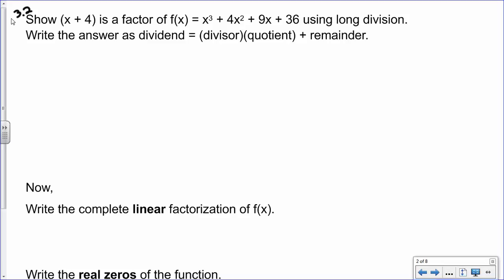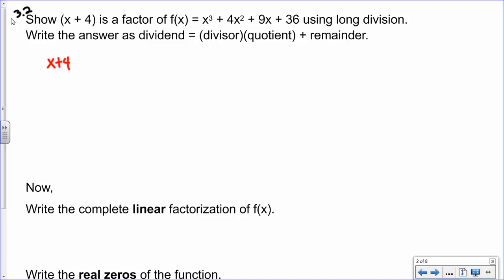So it wants me to show that x plus 4 is a factor. So since it tells me it's a factor, what do I know will be true? Yep, the remainder will be 0. Okay. It says use long division.